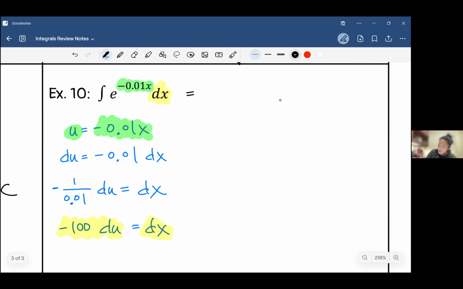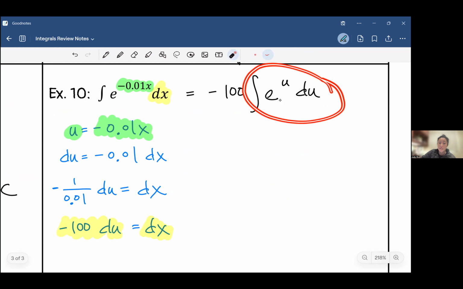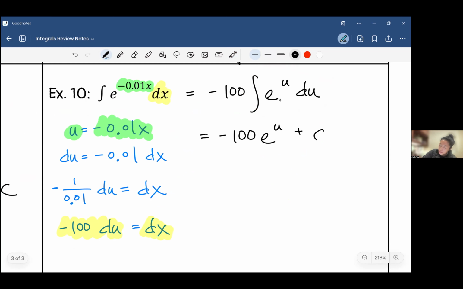We'll end up with, and I'm actually going to go ahead and bring that negative 100 straight out to the front this time, okay? Negative 100 integral of e to the u du. Lucky for us, integral of e to the u du is just e to the u. And so we'll get negative 100 e to the u plus c.